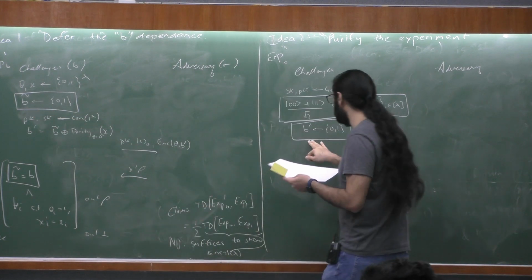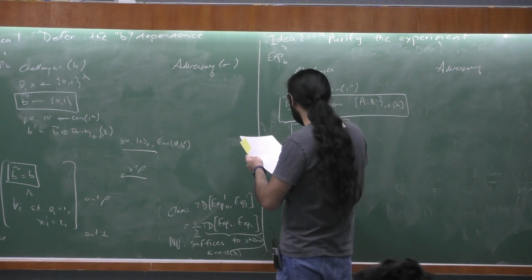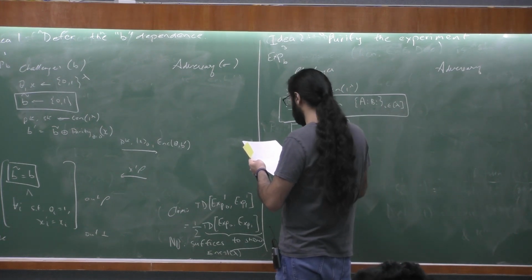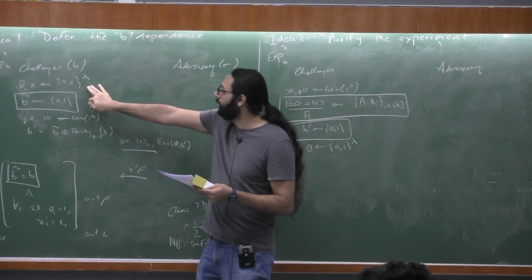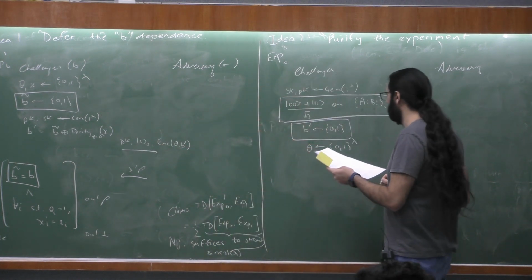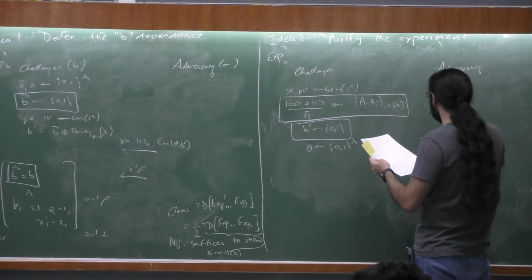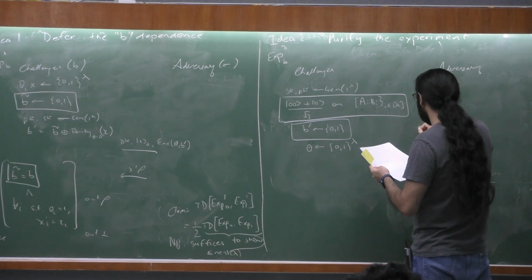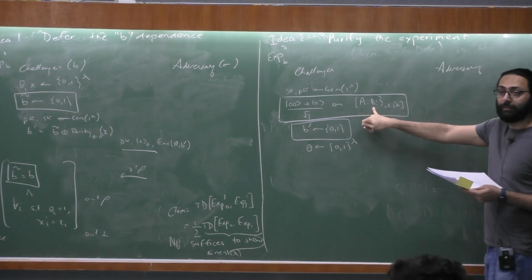Now you just sample B prime uniformly at random. And then of course, also theta, you sample uniformly at random. Okay, this is the same as it was here. We just don't have X now. We'll see, this allows us to push the theta dependence later. So you have PK, okay, now you send register B.